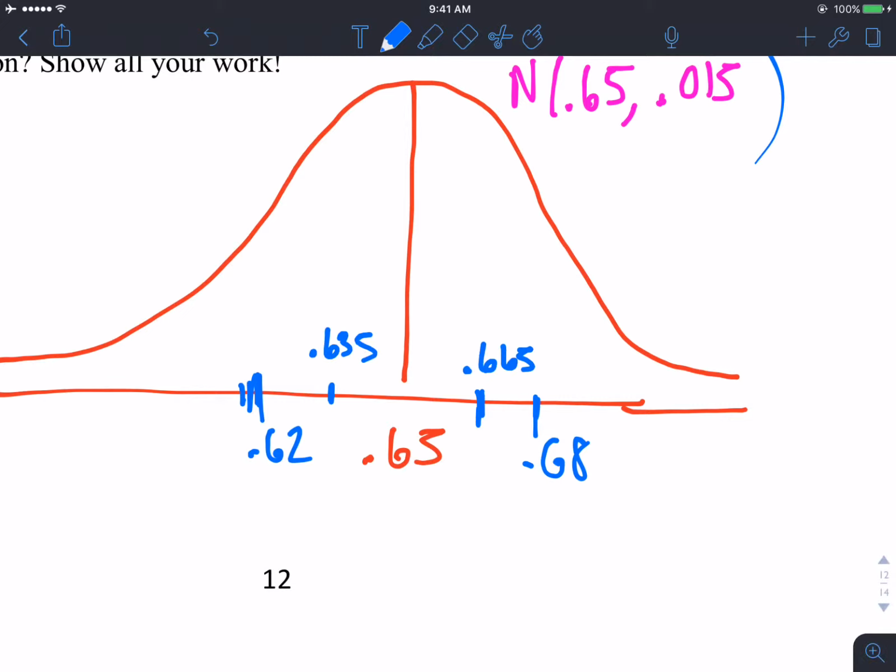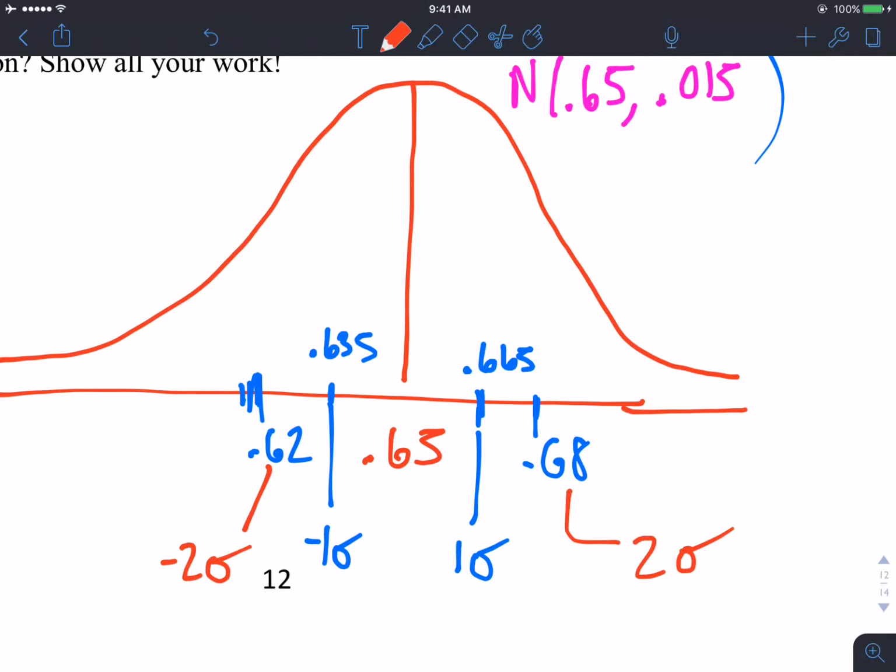So this is -1 standard deviation, this is +1 standard deviation, which means 0.62 is actually -2 standard deviations, and this is +2 standard deviations.